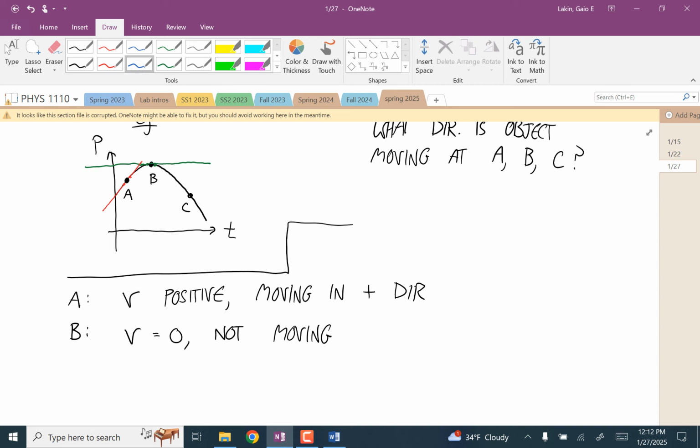And then for C, draw the 2 nearby points on the graph, draw the line through them. So that blue line, does that have a positive, 0, or negative slope? Negative. So the velocity is negative. And that means that at that instant, the object is moving in the negative direction.